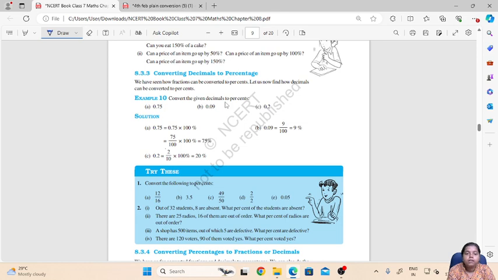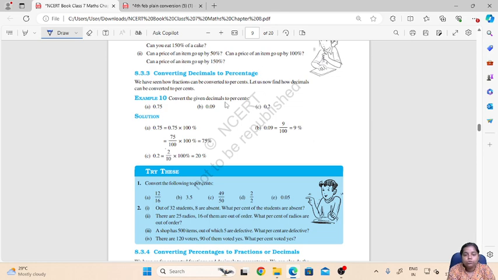We have to multiply it by 100%. On multiplication, you have to multiply and divide it by 100. As a result you will get 75%.